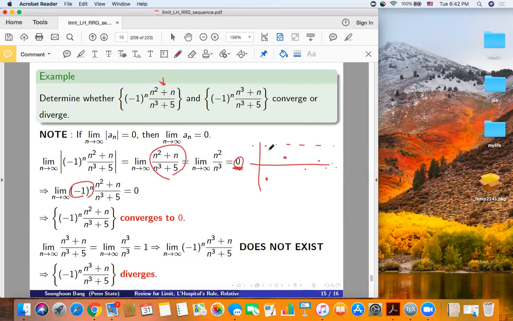The even terms approach 0 and the odd terms approach the same number, 0. So we have 0. This is totally different. If the absolute value approaches 0, the answer is 0. If the absolute value goes to a non-zero number, it is always oscillating, so it is divergent. This is the idea. Is that good?